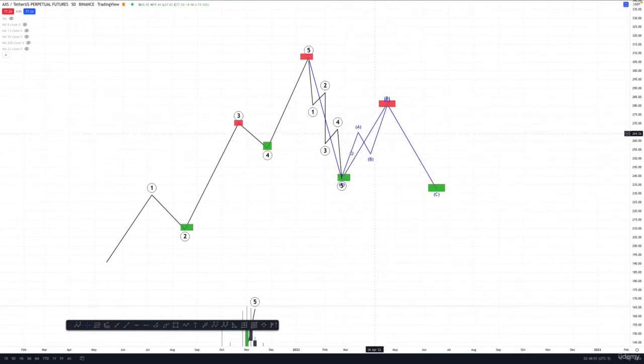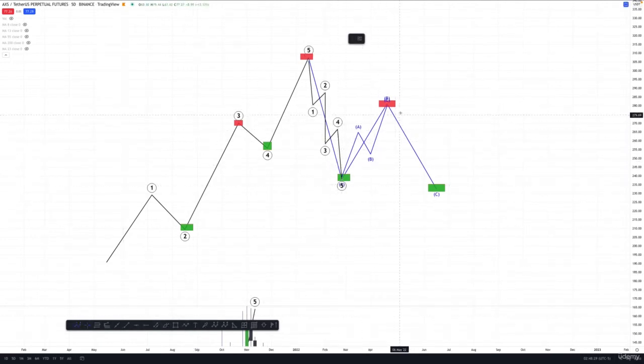So inside B, we always have 3 waves, whereas A most of the time contains 5. It can be a 3, 3, 3 structure or a 3, 3, 5 structure. We discussed this in the lecture about different variations in the corrective pattern. But most of the time A makes 5 waves towards the downside. It can make 3 as well. Just keep this in mind.